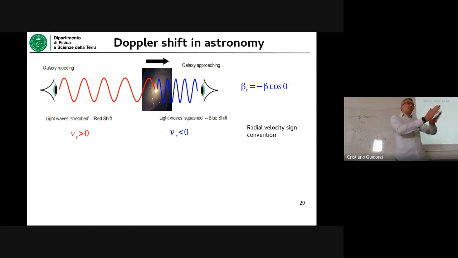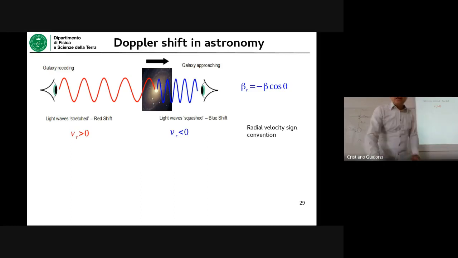If you think of the visible spectrum, towards red, so redshift. The wavelength increases or the frequency decreases when the source is receding. So in this case, we note v_r, the radial projection of velocity, as positive. In the opposite case, for example a star within our own galaxy which has a projected component of velocity towards us, so it's approaching, the convention on the sign is, as a consequence, negative.